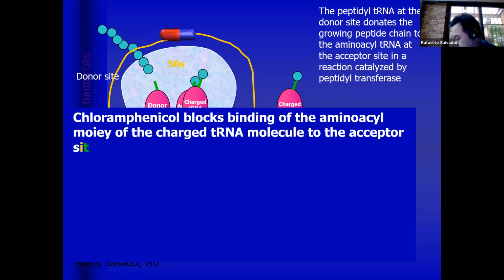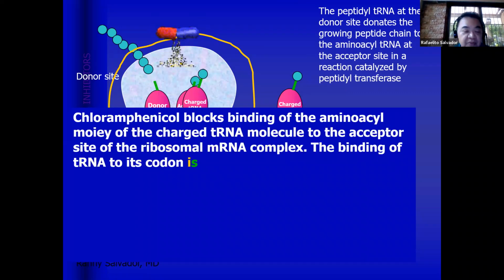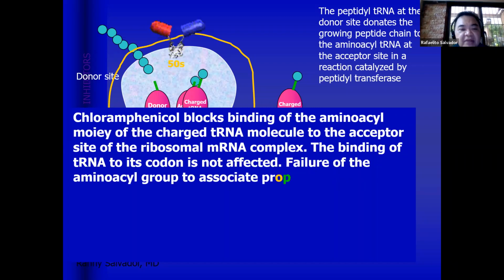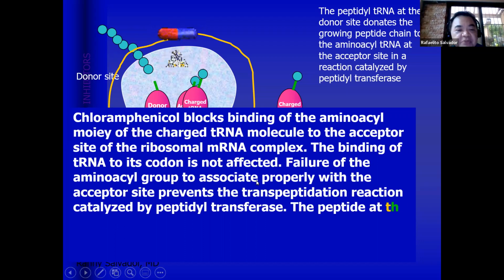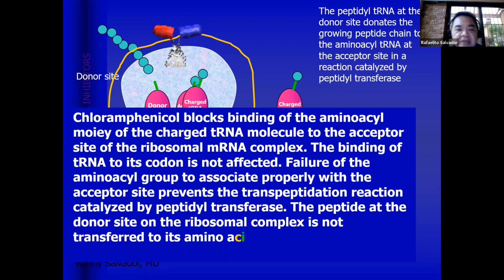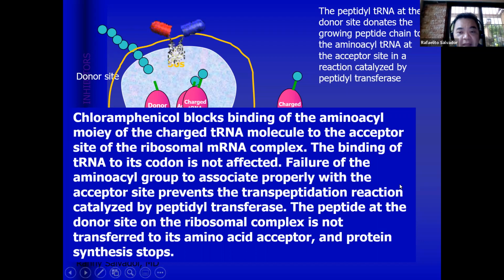So in short, chloramphenicol blocks the binding of the amino acid moiety of the charged tRNA molecule to the acceptor site of the ribosomal mRNA complex. The binding of the tRNA to its codon is not affected. Failure of the amino acid group to associate properly with the acceptor site prevents the transpeptidation reaction catalyzed by peptidyl transferase. So its action is against peptidyl transferase.